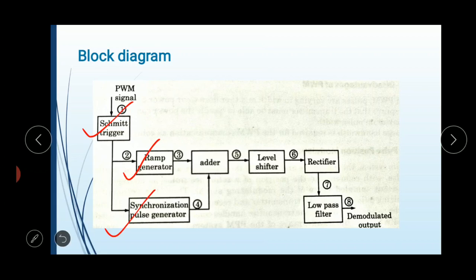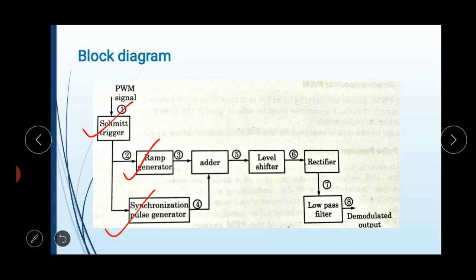The ramp generator produces ramps for the duration of pulses such that the height of ramps is proportional to the width of pulse width modulated pulses. The maximum ramp voltage is retained till the next pulse. On the other hand, the synchronization pulse generator produces reference pulses with constant amplitude and pulse width.